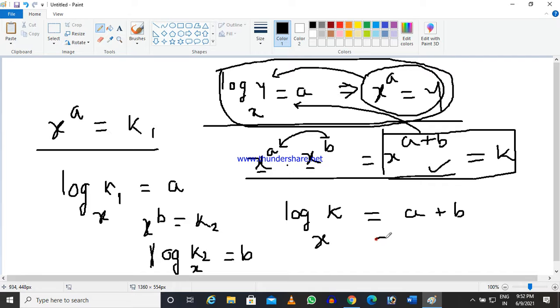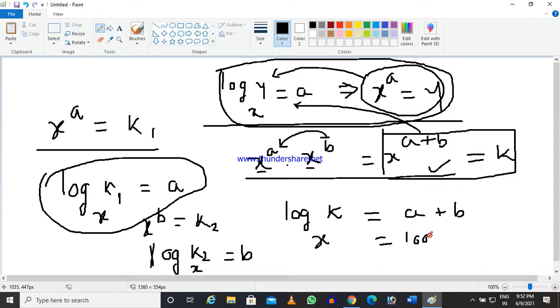Okay, so now this can be written, a is equal to what? That means log k1 to the base x plus log k2 to the base x.